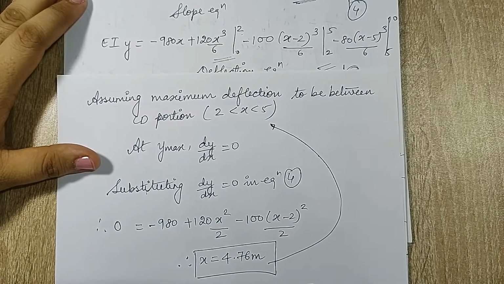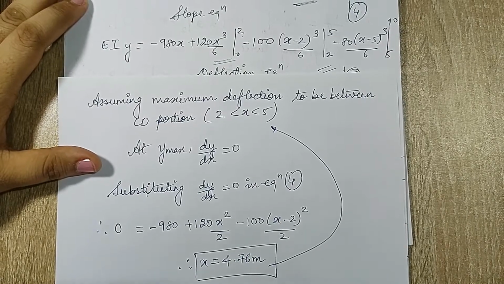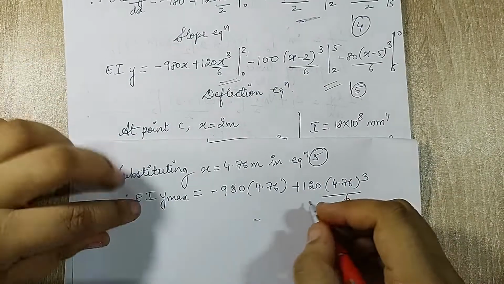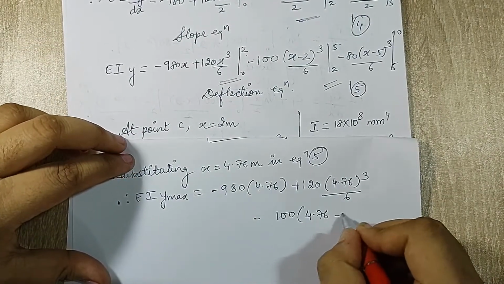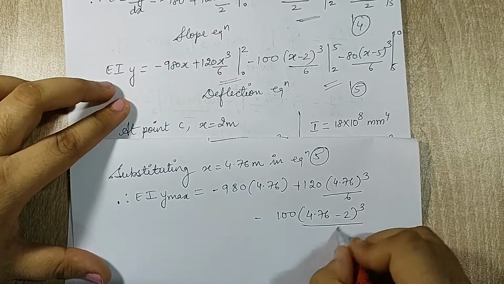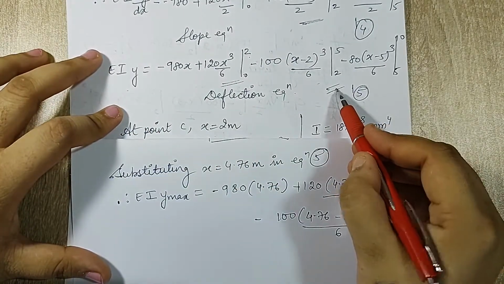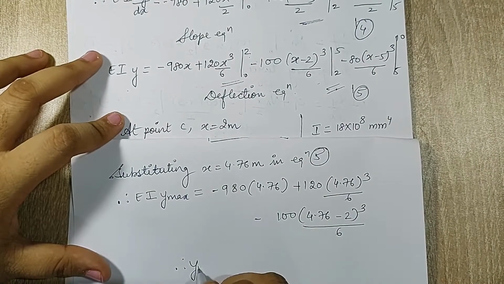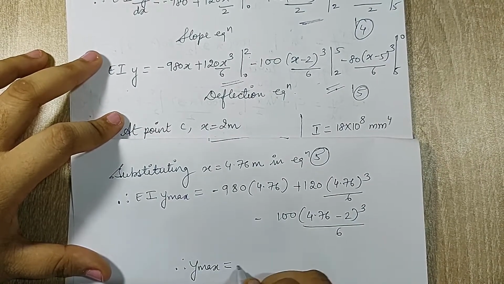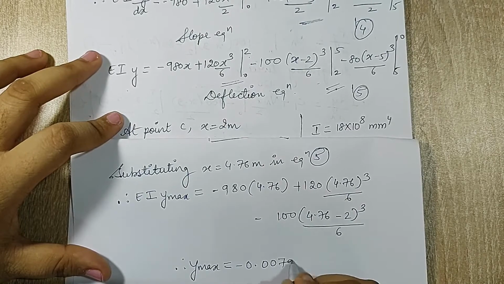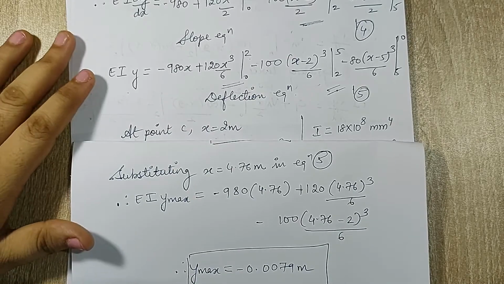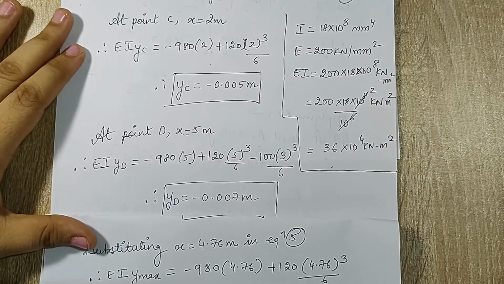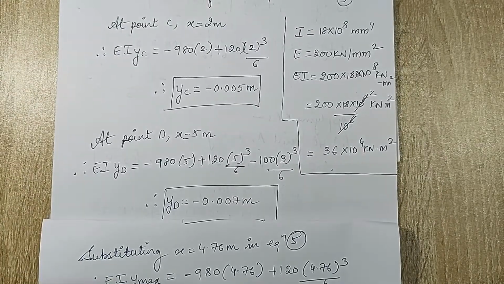Next I'll have plus 120 into 4.76 whole cube upon 6, and the next term is minus 100 into 4.76 minus 2 cube upon 6. I am substituting up to this point. So I'll get the value of y max as minus 0.0079 meter. So this is how you calculate the value of y max. So these are the three answers that I have obtained for the question.